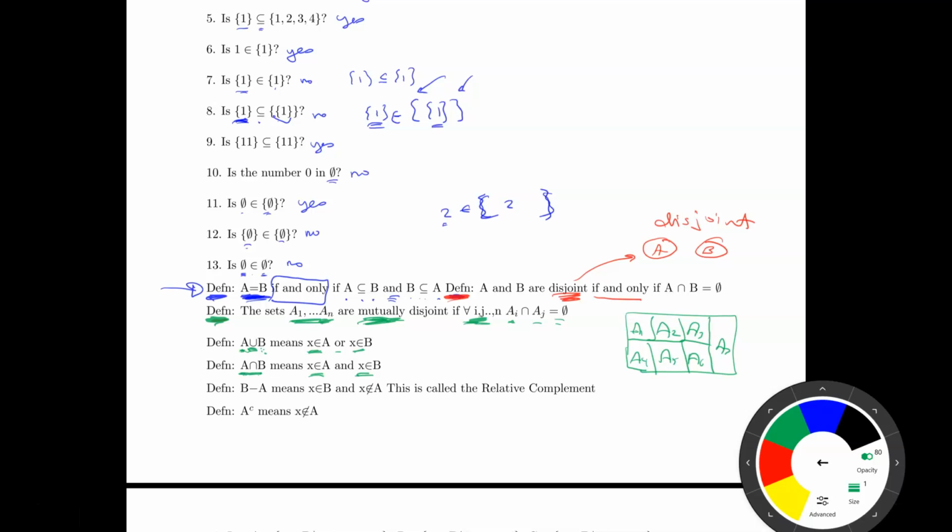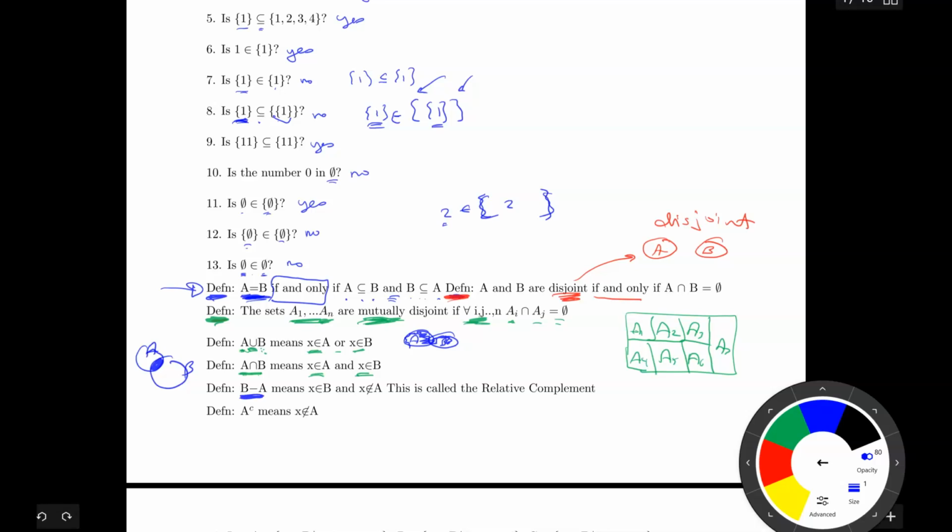Okay, so B minus A. All right, so perhaps I'll just draw a picture. So A union B, if this was A and this was B, so A union B would be anything that's in A or B, right? This one here, intersect, if this is A and this is B, the intersection would be just what's in common.